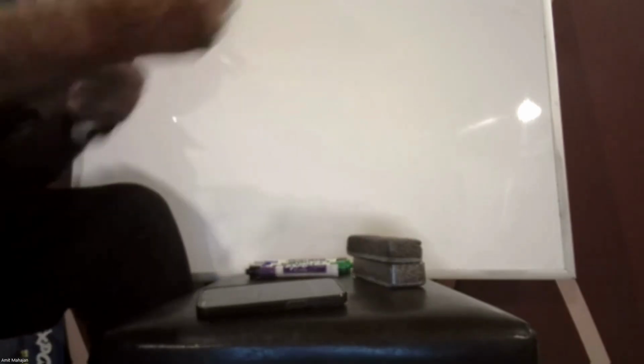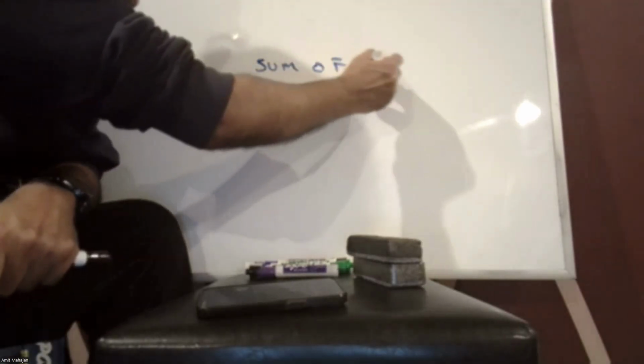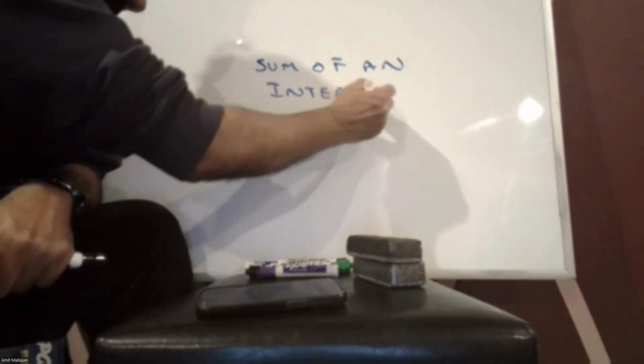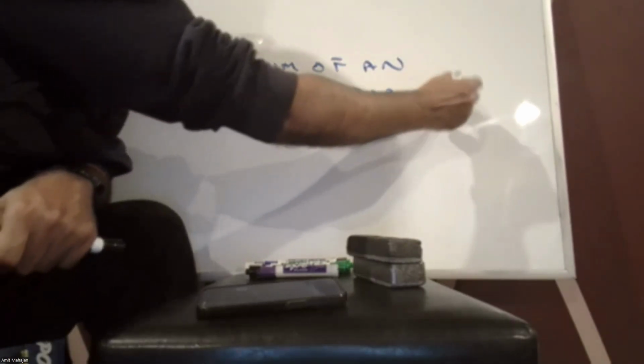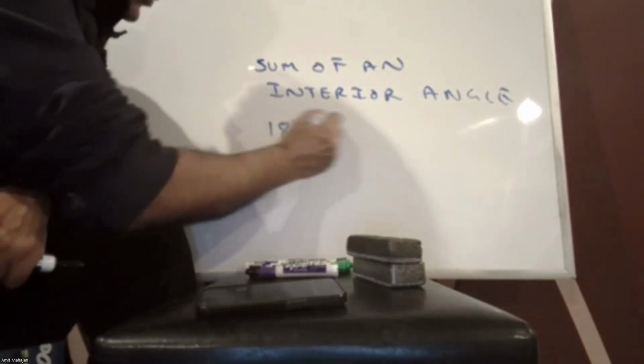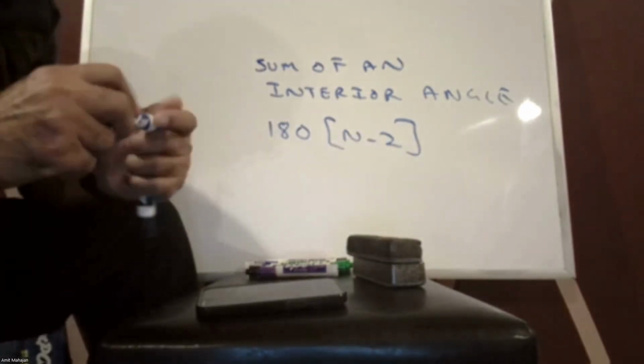Arush, what is the formula to find the sum of the interior angles? What was that formula? The one Marcel read and you also helped me with. 180 times sides minus 2. Minus 2.